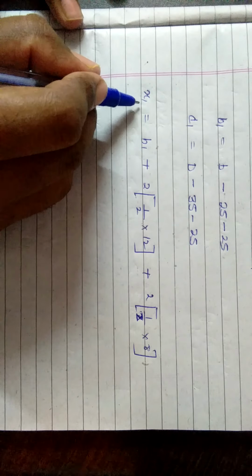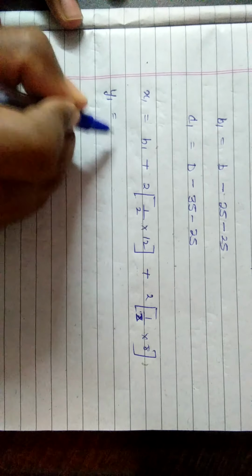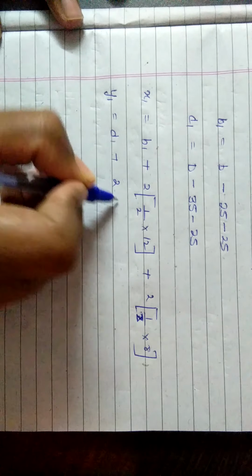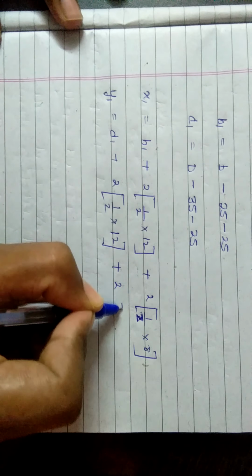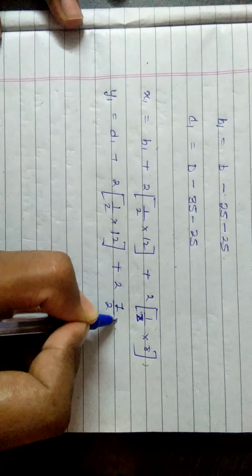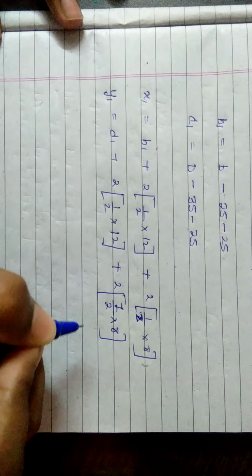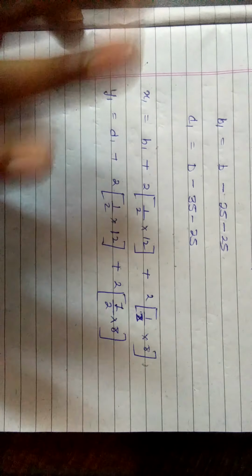Okay, here you will get the x1 value, and y1 is equal to d1 plus 2 into half of 12 plus 2 into 8. Okay, now up to here it is clear.